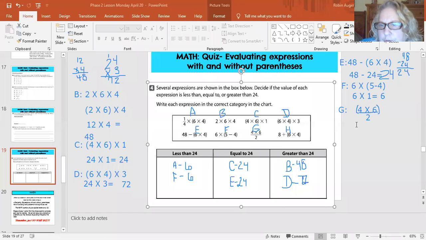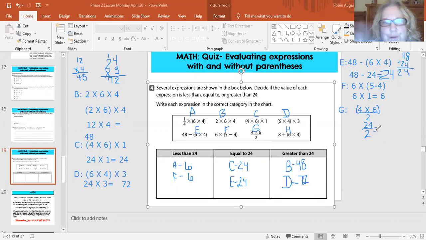Now we have 4 times 6. We've been doing it over and over again, right? So we know that that is 24. Okay, 24 divide by 2.